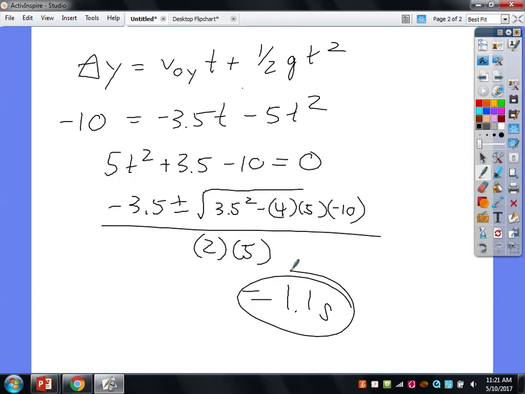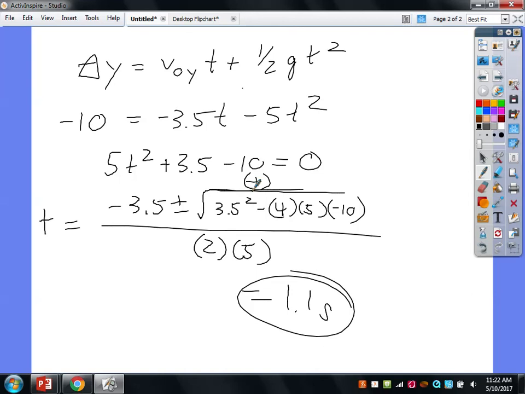What you're going to realize is, obviously, we usually get 2 answers. This is all solving for time. The square root has to come out to a positive number, otherwise you're going to get an imaginary number, and that's not what we want.